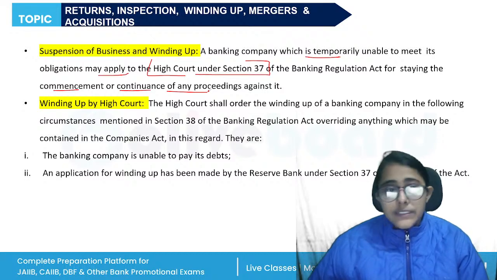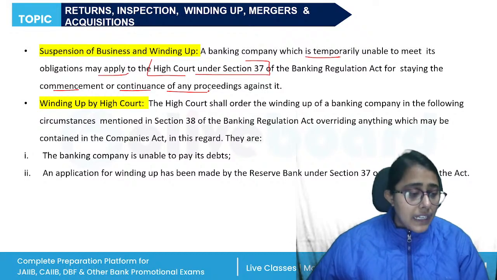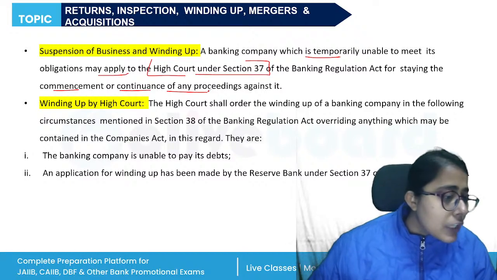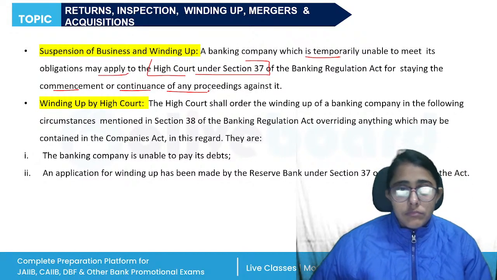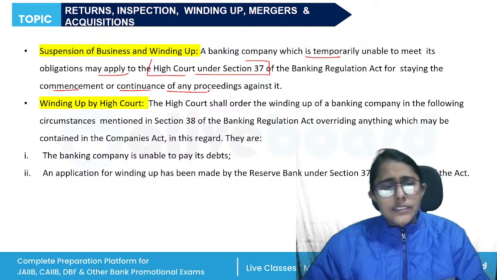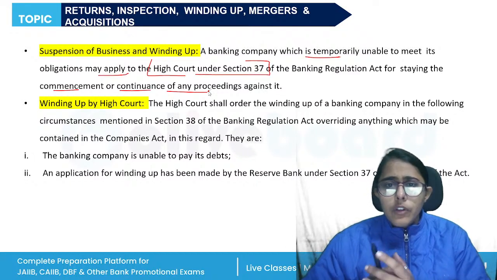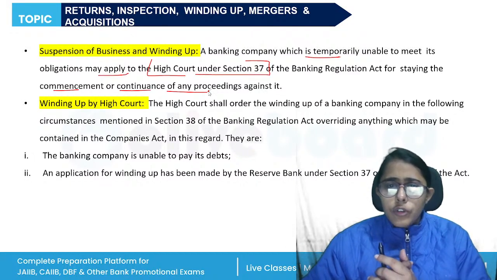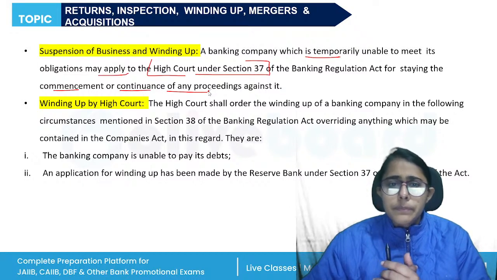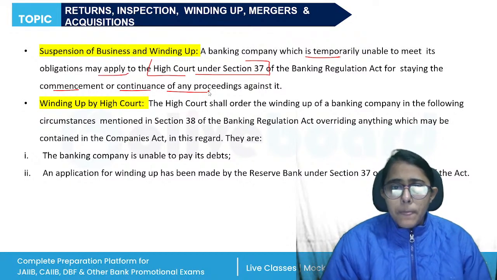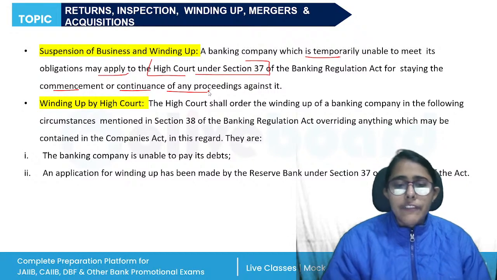The winding up decision is taken by the High Court, but if the bank says that it is only a temporary thing, that we are not able to perform our duties, then the High Court may consider the reasons provided. All right. So, if the High Court thinks fit, subject to any terms and conditions, a fixed period may be applied. Right. Again, this total period will come under the moratorium. It will not exceed 6 months.